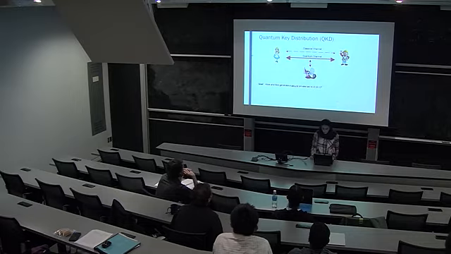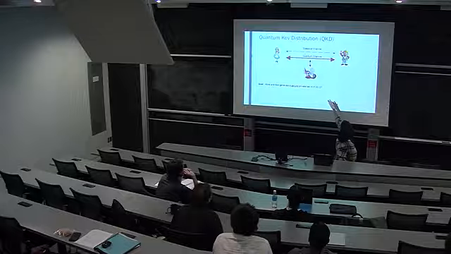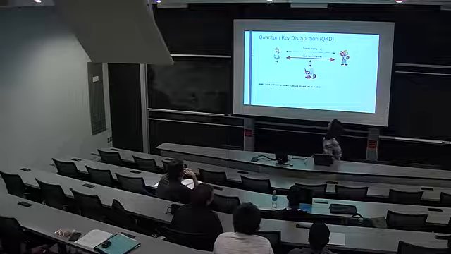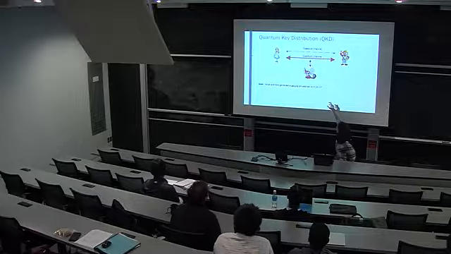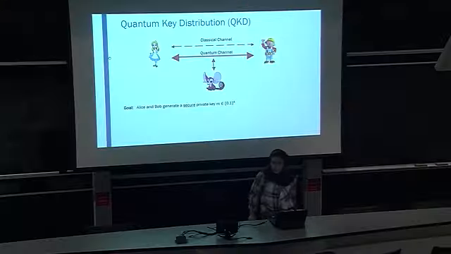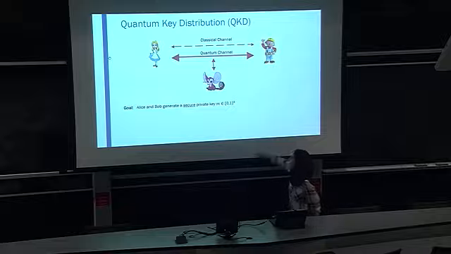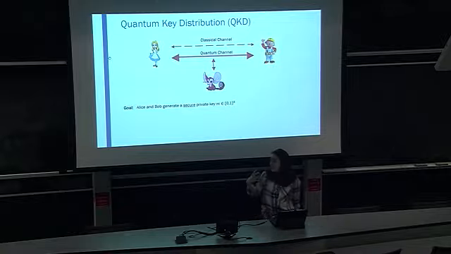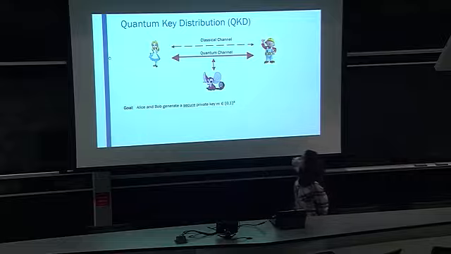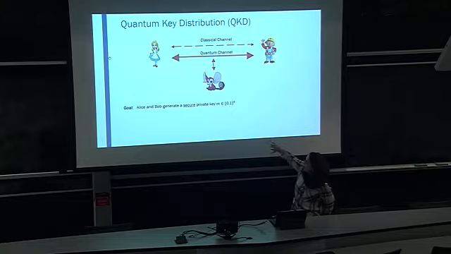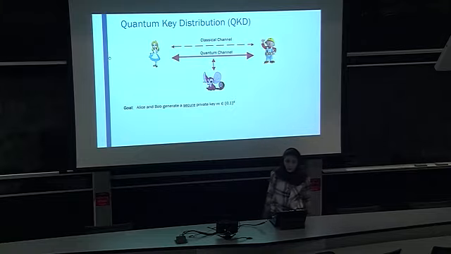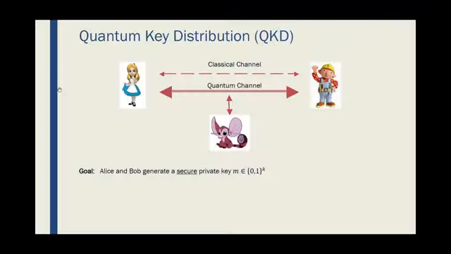And we have also another party, Eve, with big ears, who can basically eavesdrop everything on the classical channel, but cannot change anything on the classical channel, and has access to the quantum channel. And the goal is that Alice and Bob want to generate a secure key by communicating through these two channels, so that the keys are secure in the sense that Eve cannot get any information about the key.